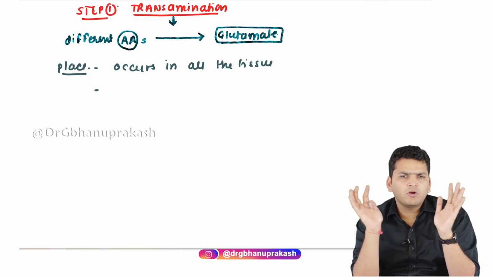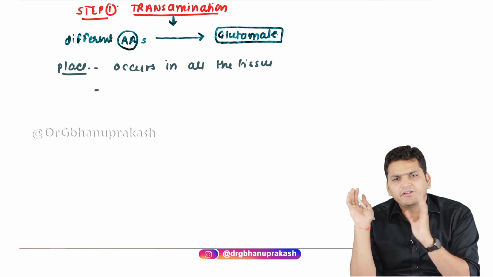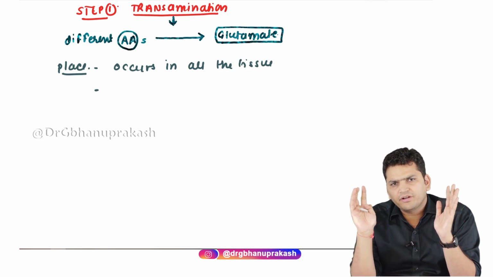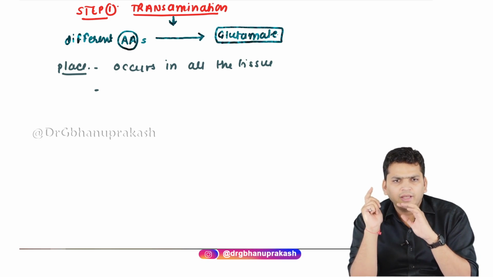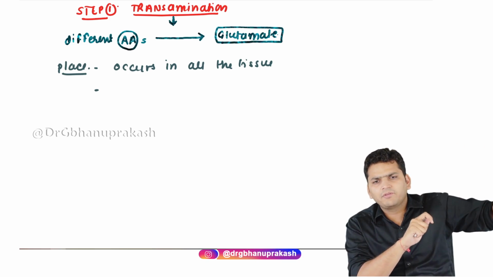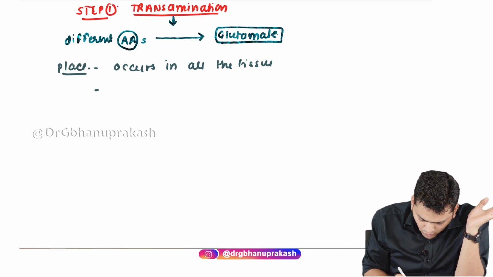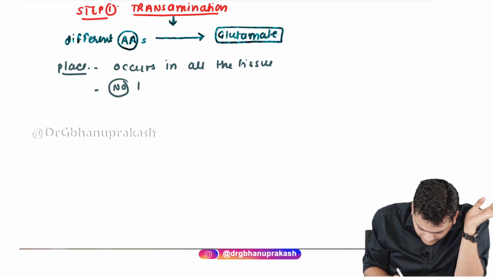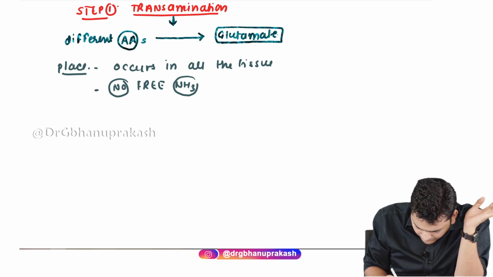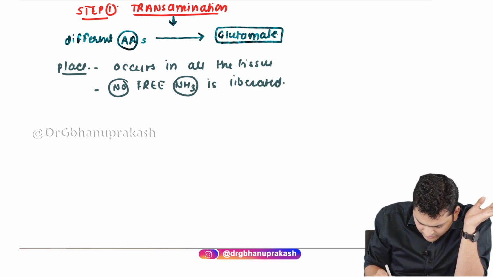In this reaction, we do not generate any ammonia. Ammonia is generated in step number 2. In step number 1, we convert every amino acid into glutamate, so no free ammonia is liberated.